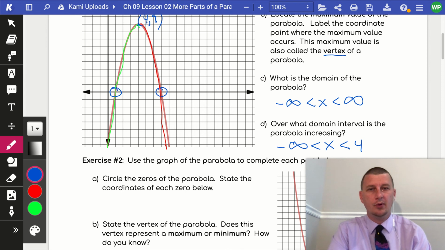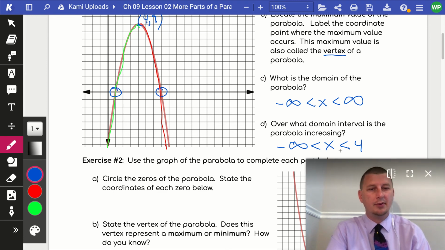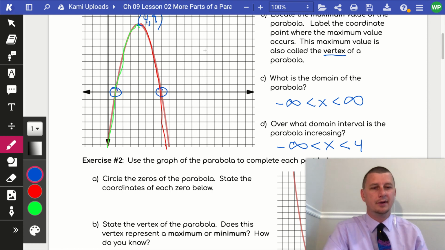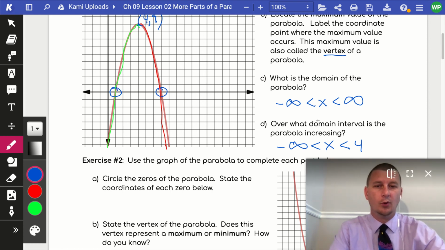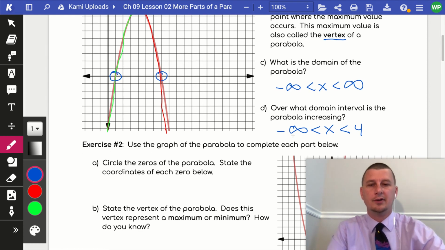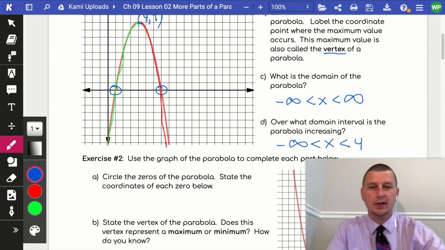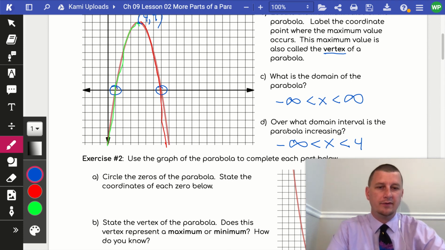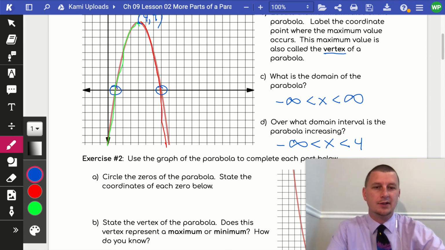So at the turning point, or at the vertex of a parabola, it is neither increasing nor decreasing. So we leave that out by not putting an equal to sign underneath the inequality that's connected to the 4. So we are increasing from our x values of negative infinity all the way up to 4, but not including 4.